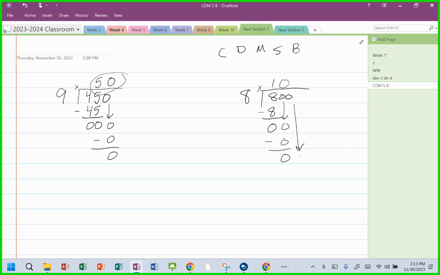I know this is tedious. We're doing these steps with simple math so that when the math gets more complicated, you know the division steps. 0 divided by 8 is going to be 0. 0 times 8 is 0. Subtract, we get no remainder. And roughly 100 times.